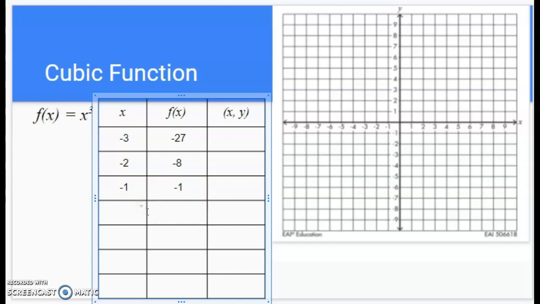And then we have 0, that one's just 0. 1 cubed is just 1. 2 cubed would be 8, and then 3 cubed is 27. So now for our ordered pairs, in this case I'm going to do less, so you can just finish it off. And then I'm going to make our graph.